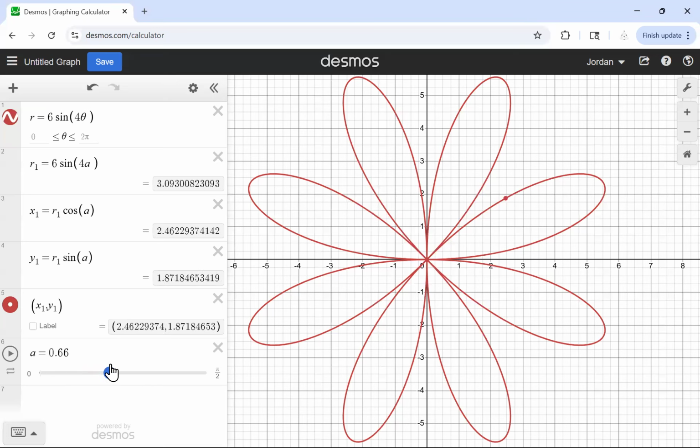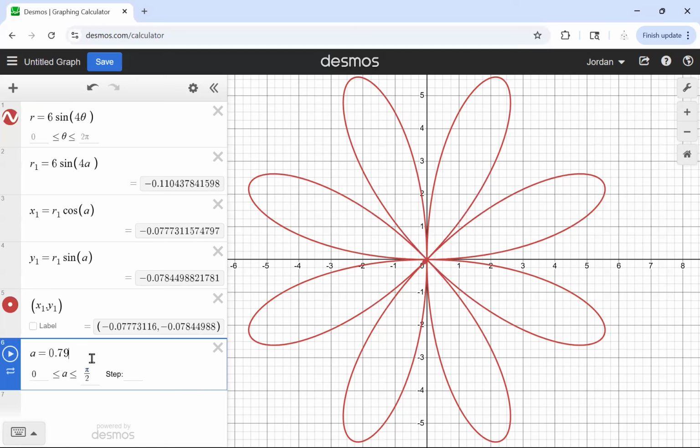petal, the first time it comes back in contact with the origin, looks to be somewhere between 0.78 and 0.79, which is in fact where pi over 4 is.